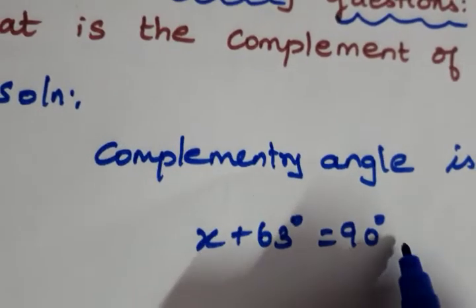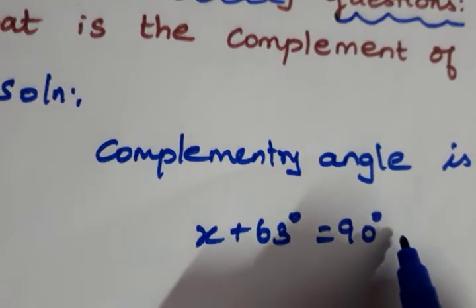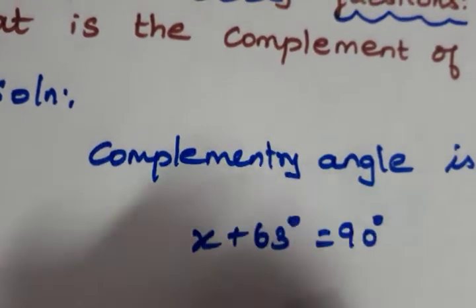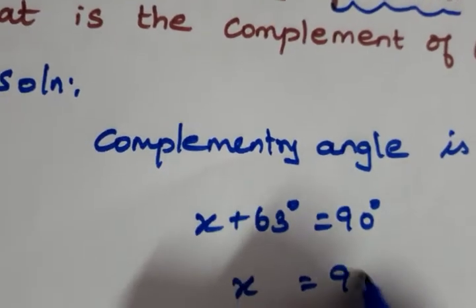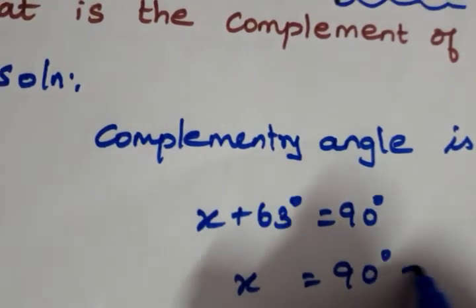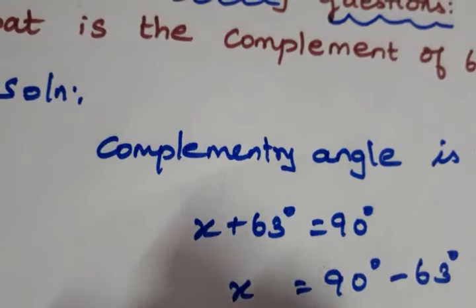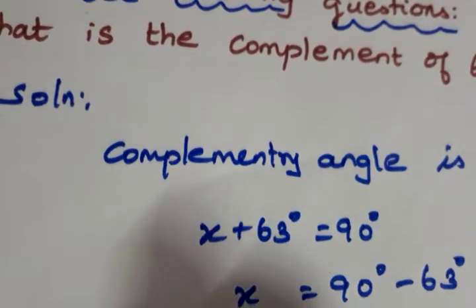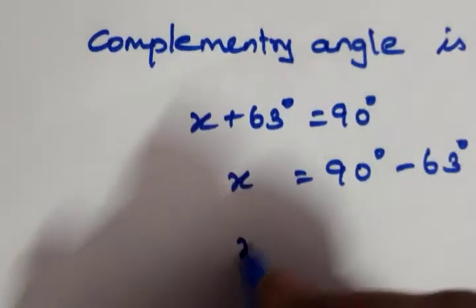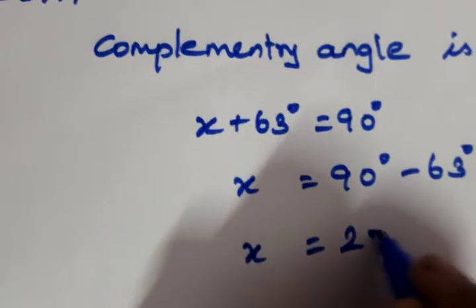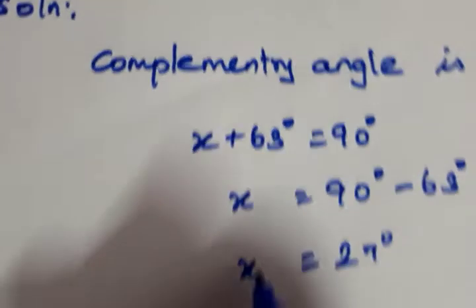So plus 63 transpose to minus 63. x equal to 90 degree minus 63 degree. We got a value 27 degree. x equal to 27 degree. Okay.